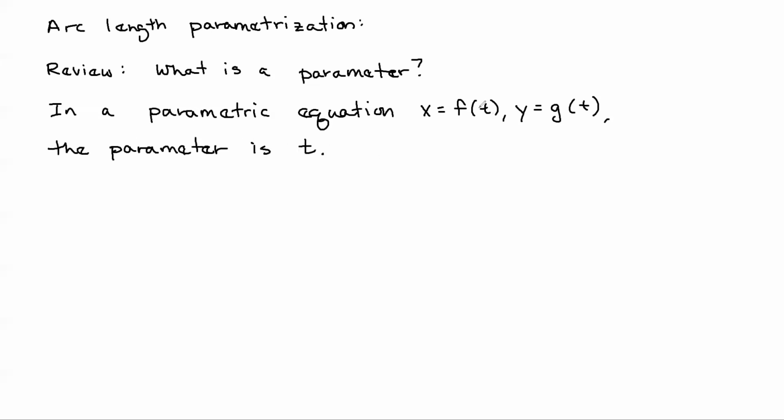So the parameter is the thing that we plug into the parametric equation. So it's the third variable, right? We've got x and y, and they're both defined in terms of t, and that thing that they're both defined in terms of, that is the parameter. So you can reparameterize vector functions by doing a substitution for t.